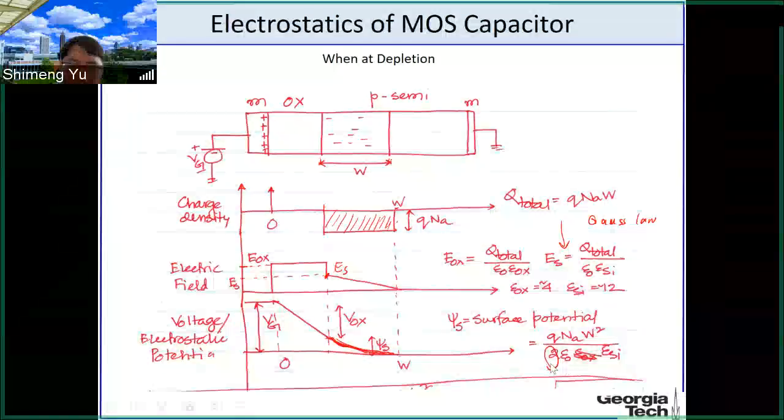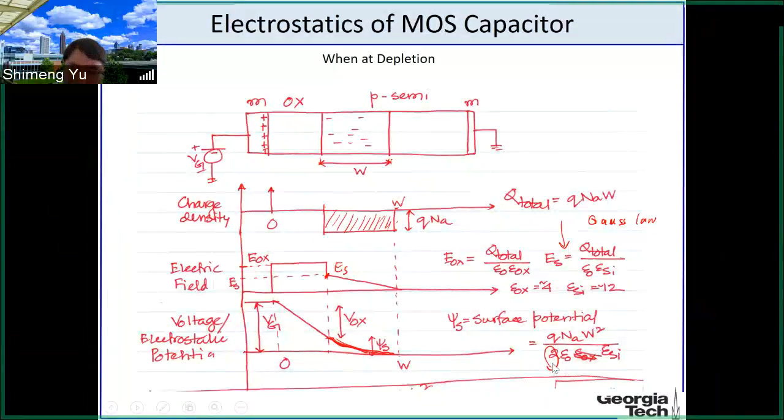So we will get this equation for the phi s. So that is the surface potential. That is the voltage on the surface of the silicon, and we call this phi s. And phi s is given by this formula. Basically, you do integration once from here to here.